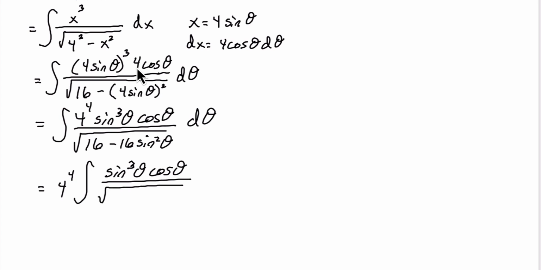The goal is to have a perfect square under the radical so that we can eventually remove the radical. It's going to take a few steps to get there. Let's start by factoring out 16. We'll be left with 1 minus sine squared theta.